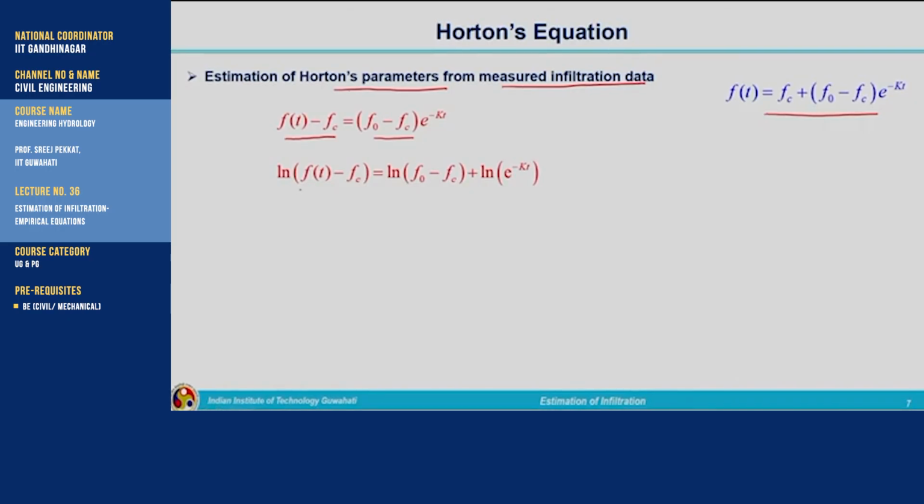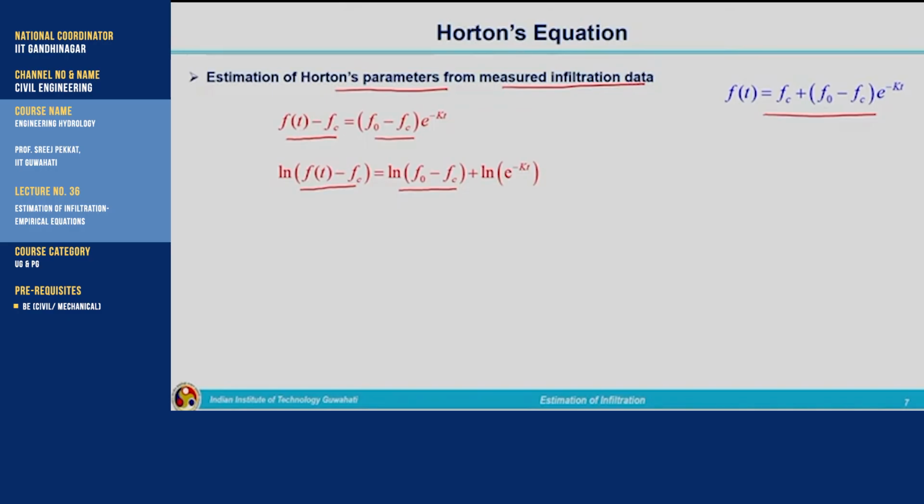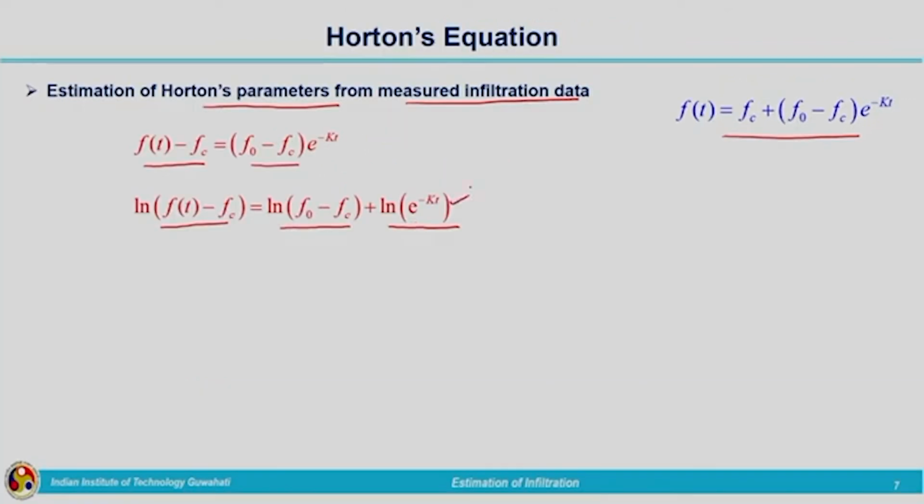So, ln of f of t minus f c is equal to ln of f naught minus f c plus ln e to the power of minus kt, since ln ab is ln a plus ln b. And again we can modify this particular term ln e to the power of minus kt. It will take the form like this, that is ln of f of t minus f c is equal to ln of f naught minus f c minus kt.